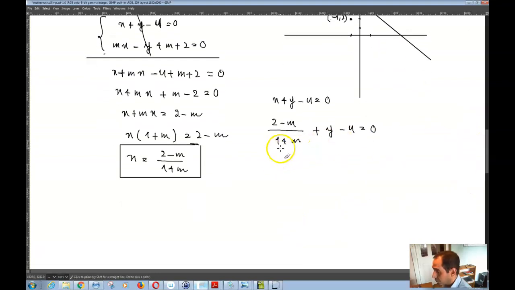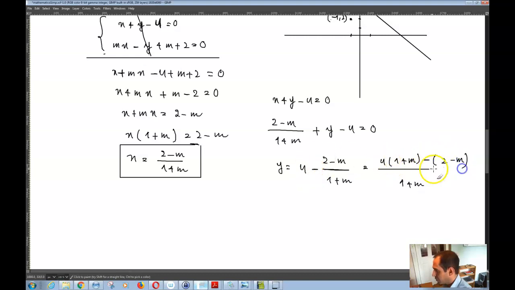Then y is equal to 4 minus this whole thing: 4 minus (2 minus m) over 1 plus m, which is 4 times (1 plus m) minus (2 minus m).